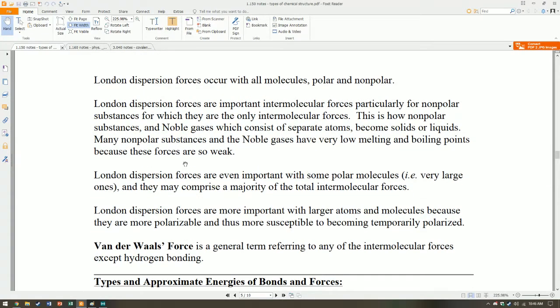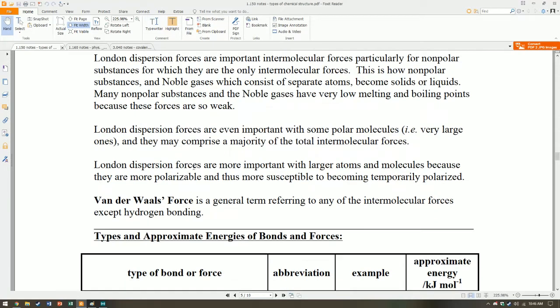London dispersion forces occur with all molecules, polar and nonpolar, and generally we refer to all the intermolecular forces except for hydrogen bonding collectively as van der Waals forces.